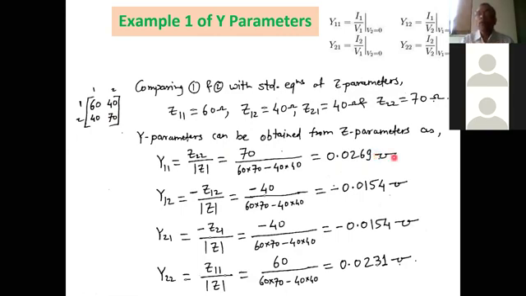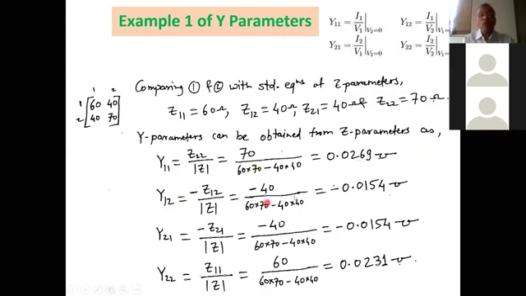The ohm symbol you draw as an exact mirror image for mho. Even in spelling, you write ohm as OHM, and here you write it in the opposite manner, MHO. So mho is the unit of admittance, whereas ohm is the unit of impedance. So this is the Y11 parameter.